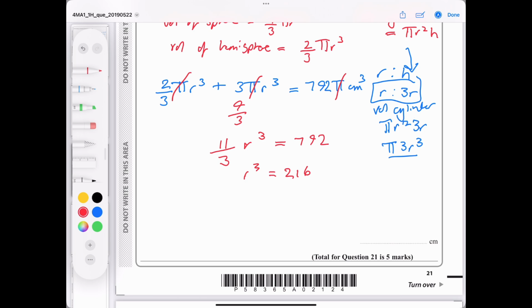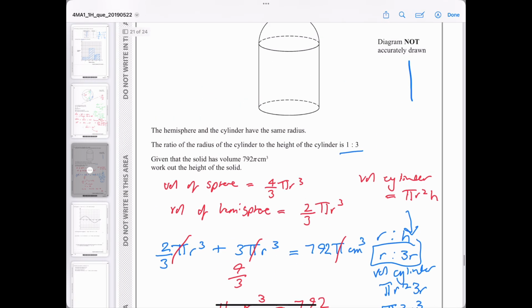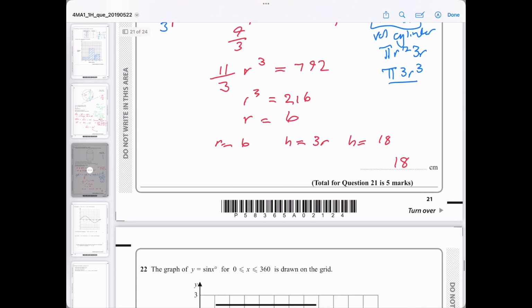So r equals 6. But we haven't finished yet because we know the height is 3 times r. So h equals 3r, so h equals 18 centimetres. And that's your answer. The thing with this is to write out everything you know really clearly and then get rid of stuff.